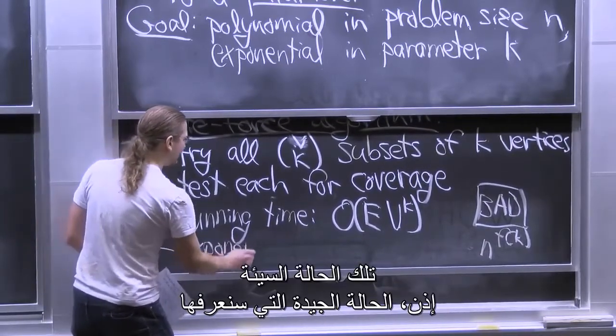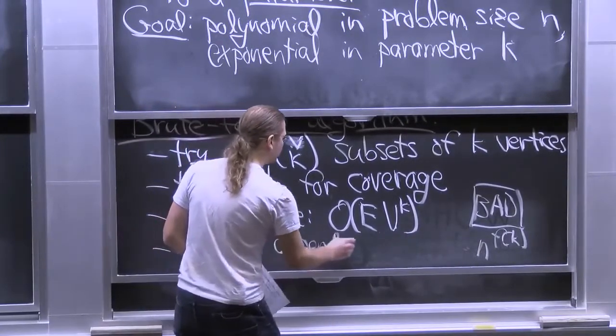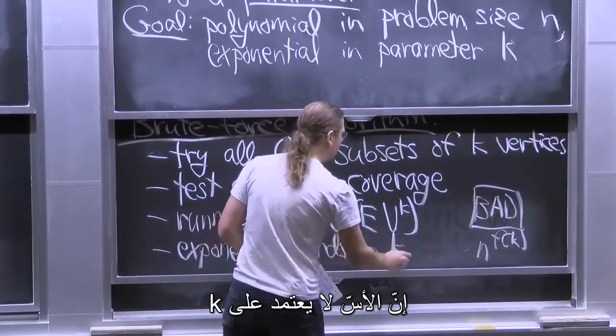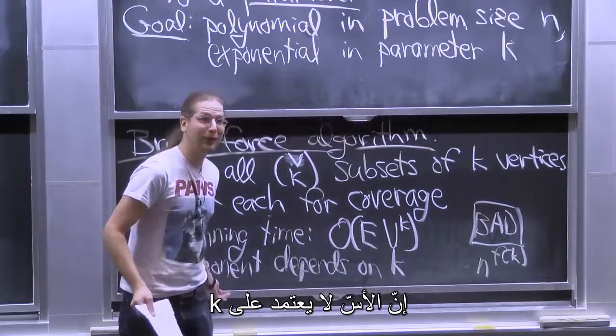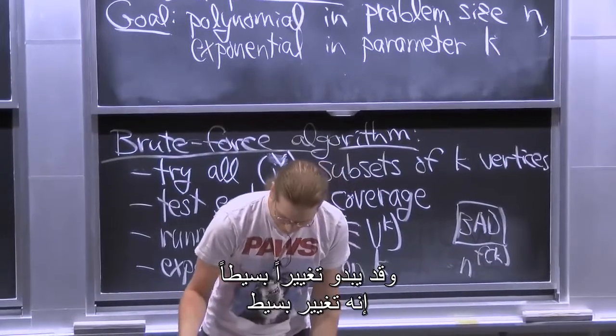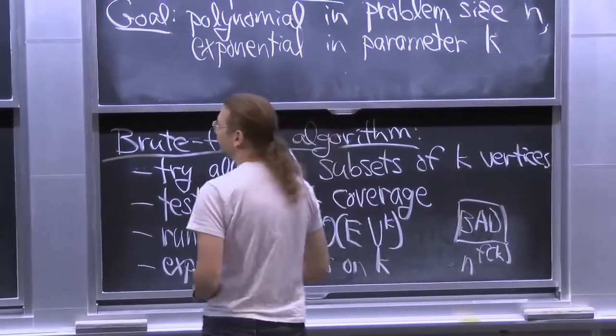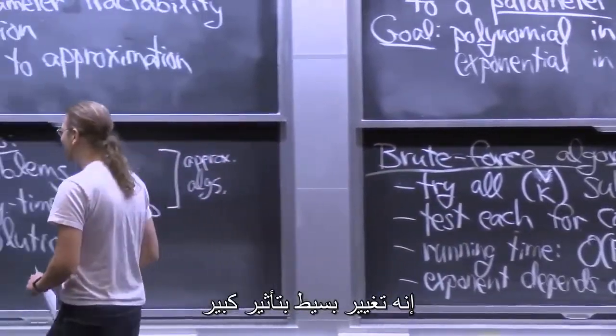That's the bad case. So the good case we're going to define is that the exponent doesn't depend on k. That may seem like a small change. It is a small change, but it's a big one. It's a small change with a big effect.